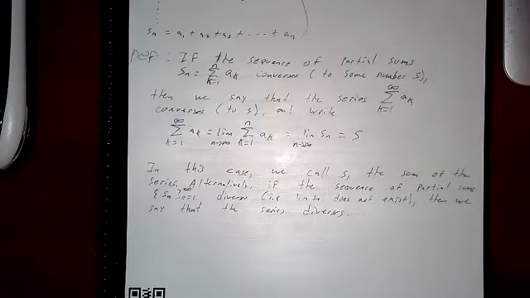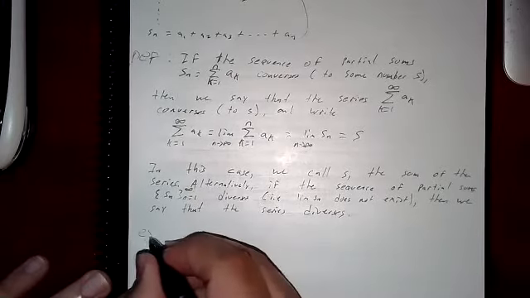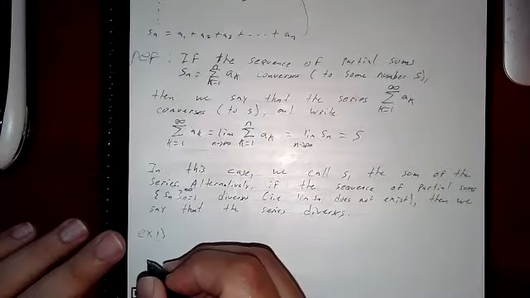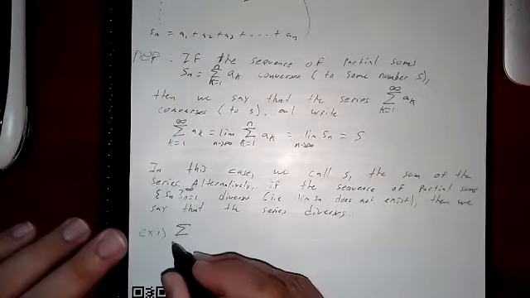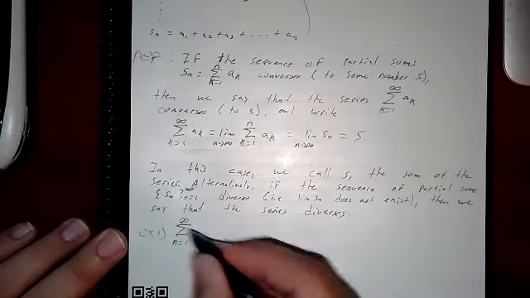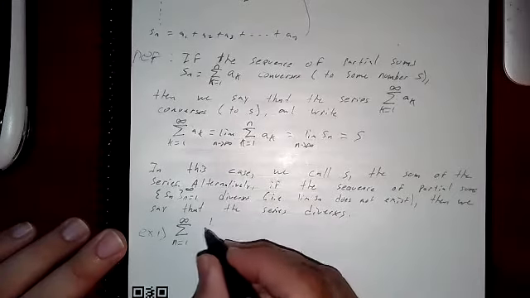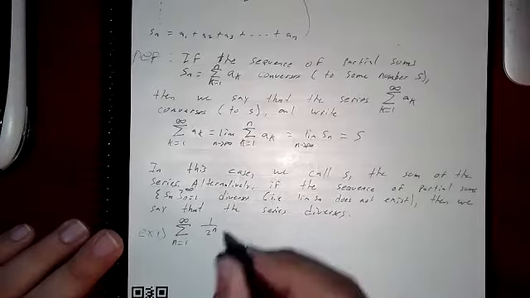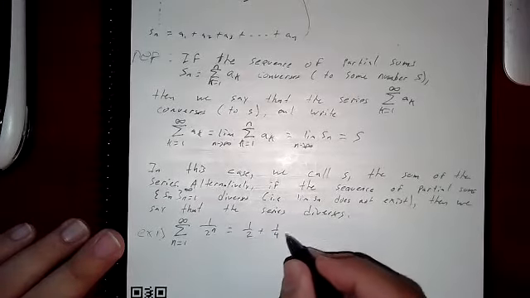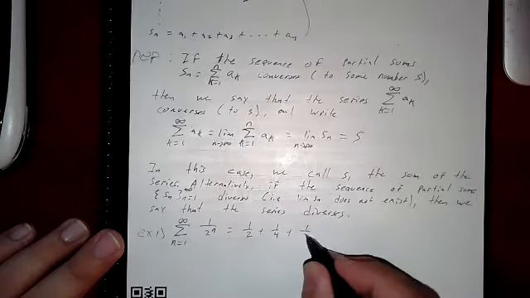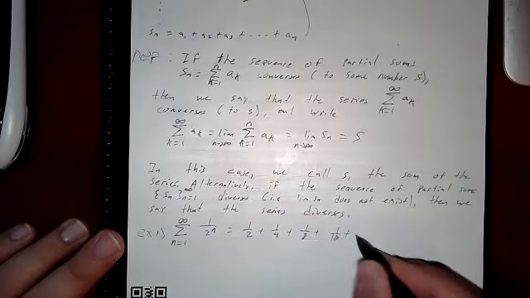Okay, a good example here. Let's say we have this series right here: the sum from n equals 1 to infinity of 1 over 2 to the n. We know that would be 1/2 plus 1/4, plus 1/8 plus 1/16 forever.